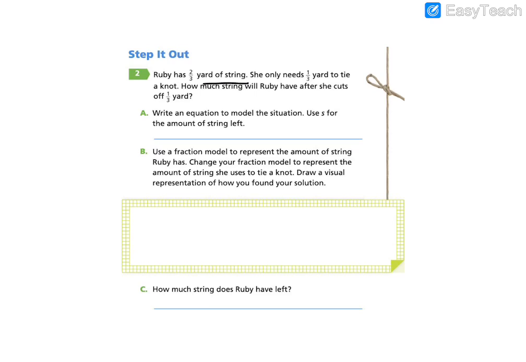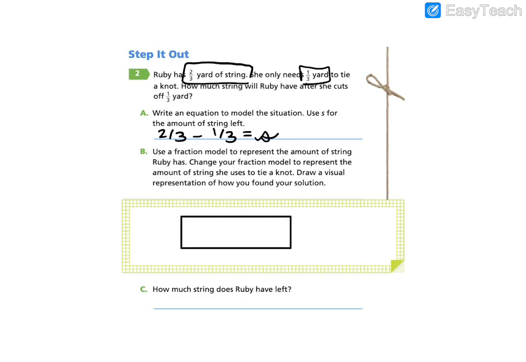Well, we know she has a total of 2/3 of a yard, and she's going to use 1/3 of that. So we have her 2/3 that she begins with, minus the 1/3 that she'll use, will give us the amount of string that's left. So if we were to show a fraction model, we're working in thirds.